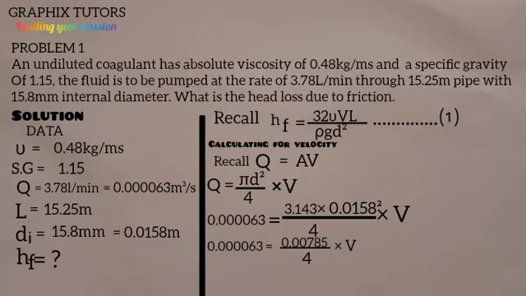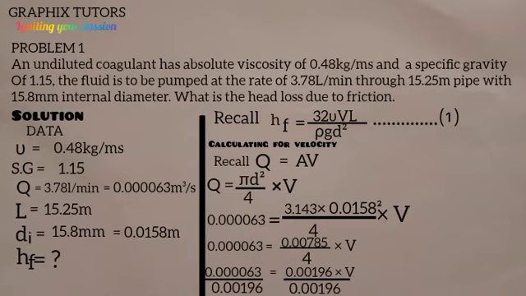Now if you divide by 4, you have 0.000063 equals 0.00196 times the velocity. Now, what do you want? You want v to stand alone. So you divide both sides by the coefficient of v, which is 0.000196.